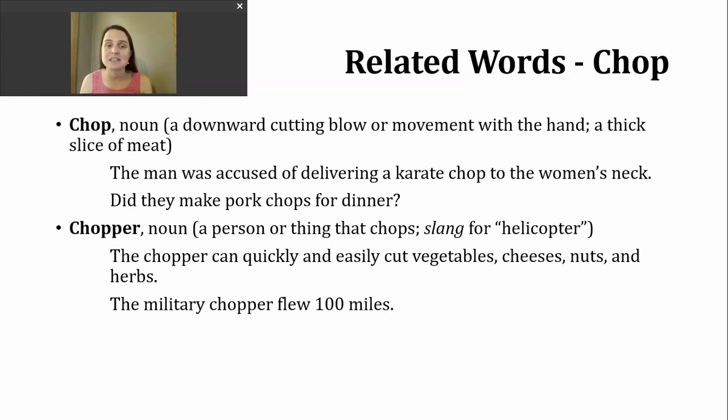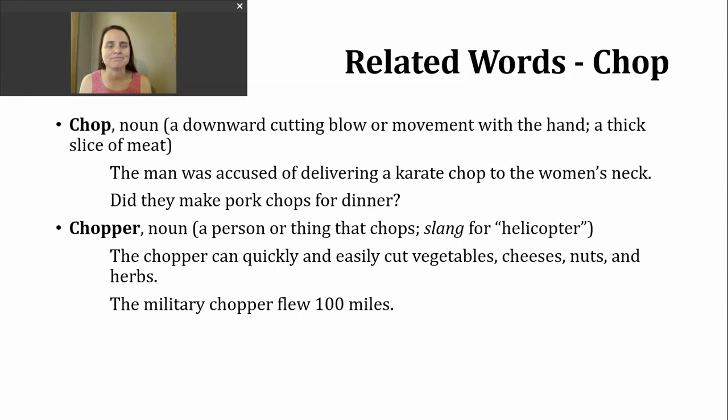So that's how it got its name. So here's an example of chop as a noun. Did they make pork chops for dinner? I think you're going to be more likely to hear chops used with pork and with lamb, just those types of meat.